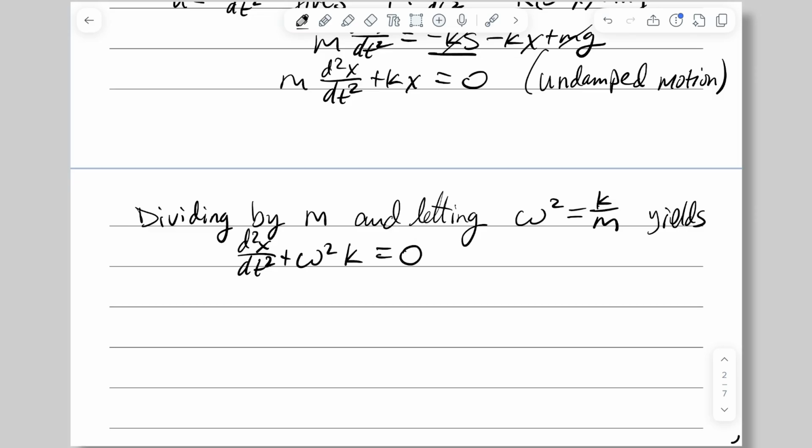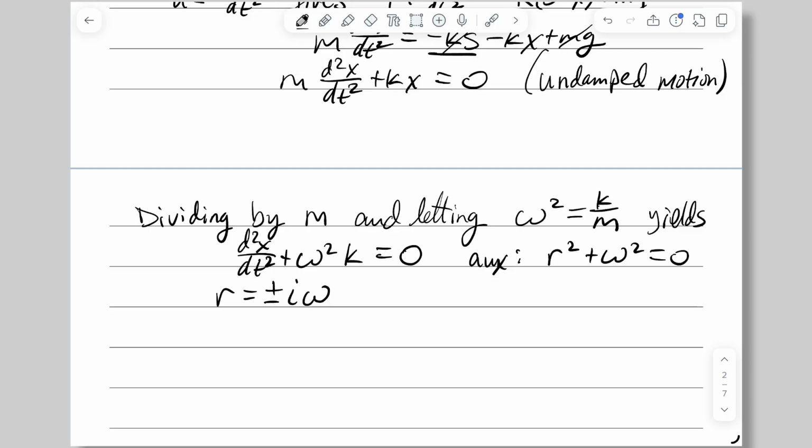For which the auxiliary equation, I have a bit of an issue. We have m here that represents the mass. In our auxiliary equation, we keep using m for that. So I'm going to switch this to the auxiliary equation having r as its variable. So the auxiliary equation is going to be r squared plus omega squared is equal to 0, which means that r is equal to plus or minus i times omega. That's a square root.